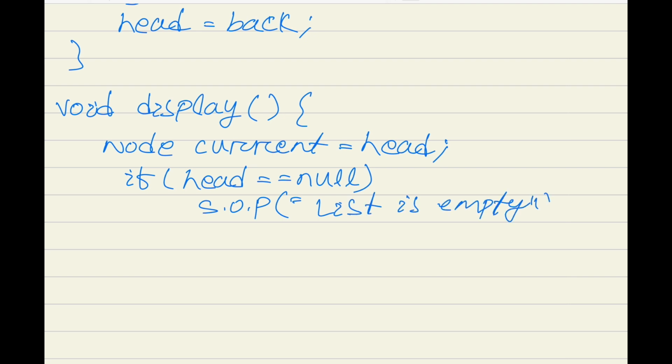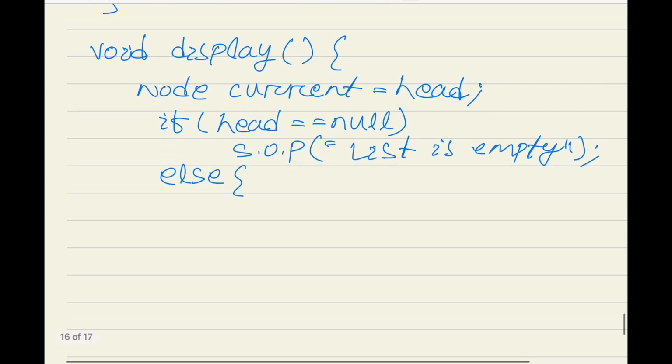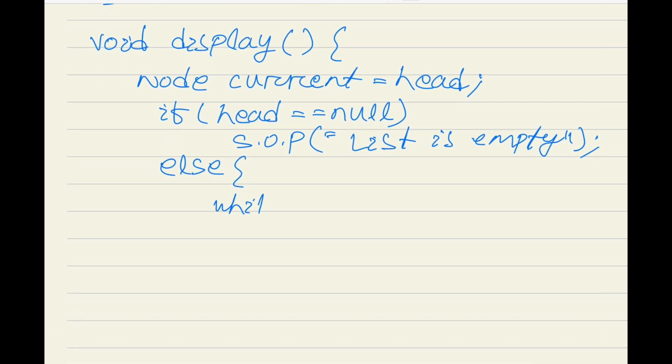So in short I am writing s.vo.p for system.out.println here. So now in the else part, that means when the list is not empty, so we can use a loop to print all the elements of the list.